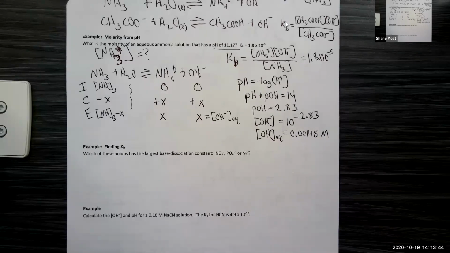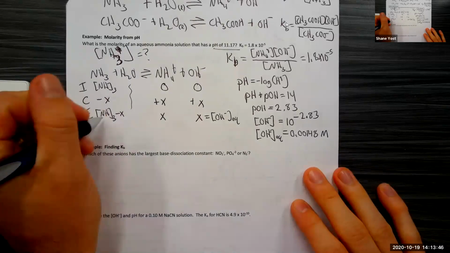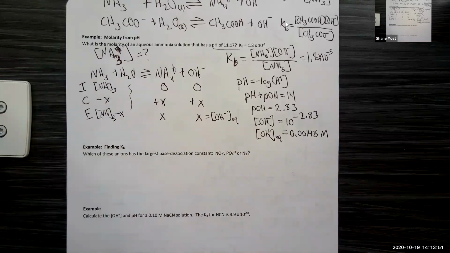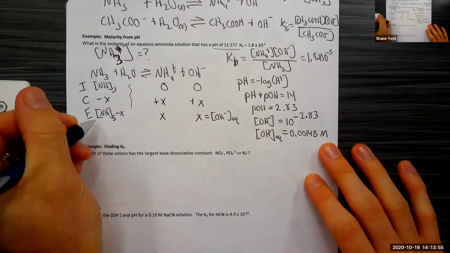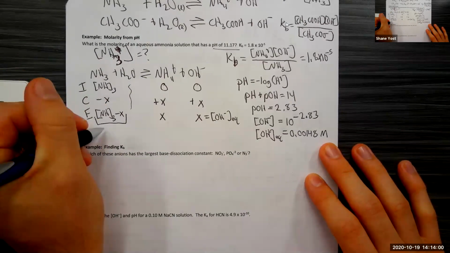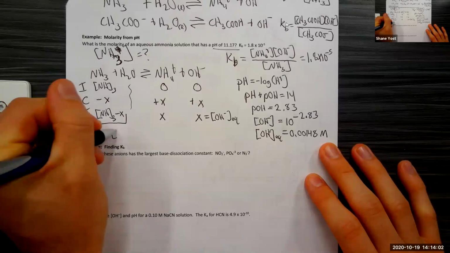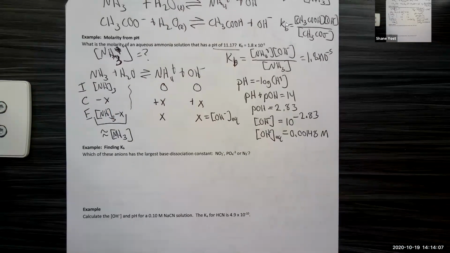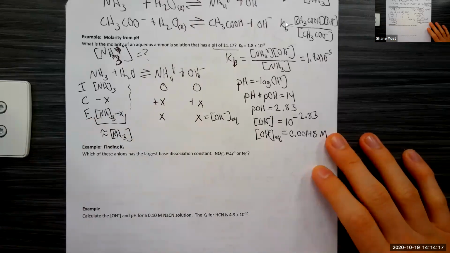And so we're going to use the approximation that we used last time, which is a very common approximation to make for these weak acid, weak base equilibria. It says that the concentration of NH3 minus X is basically just equal to the concentration of NH3. When we round to our significant digits, that change is small enough that we basically have whatever the initial concentration of our solution was.